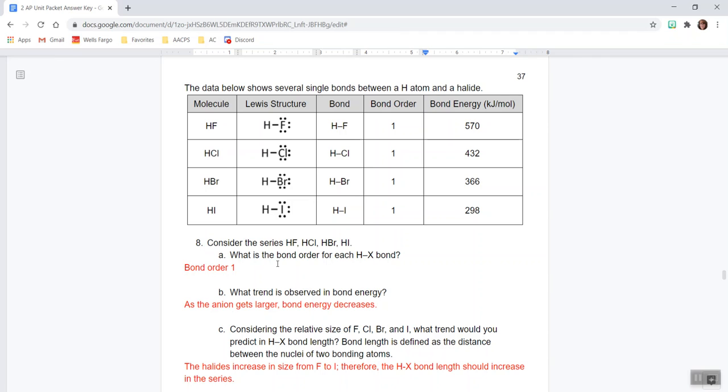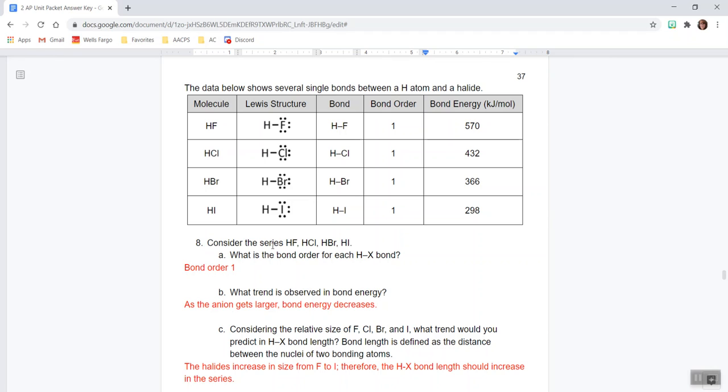These are all bond order 1, and we see that as the size of the anion gets larger, the bond energy decreases. Fluorine is going to have 2 shells of electrons. Chlorine has 3, bromine has 4, and iodine has 5. So as the anion gets larger, the bond energy decreases.